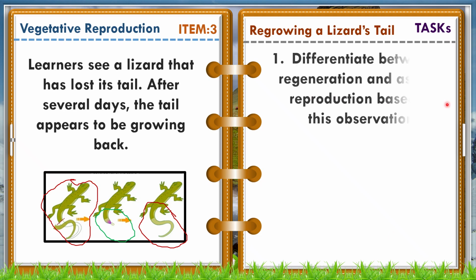Task: differentiate between regeneration and asexual reproduction based on this observation.